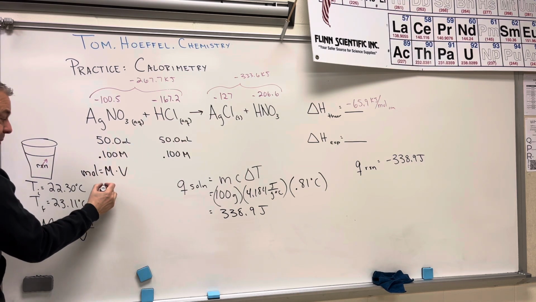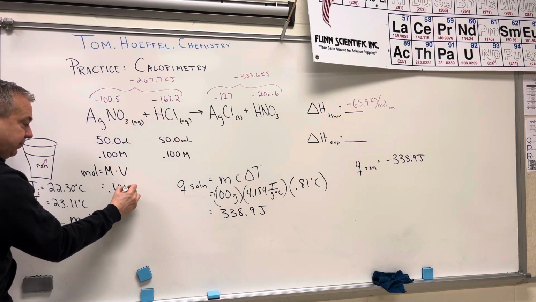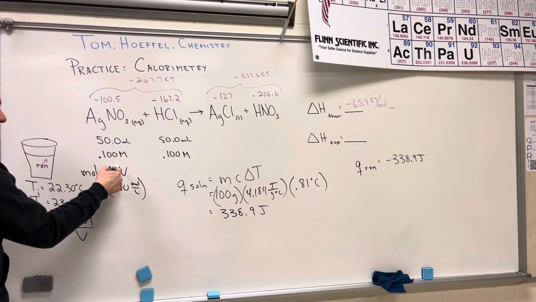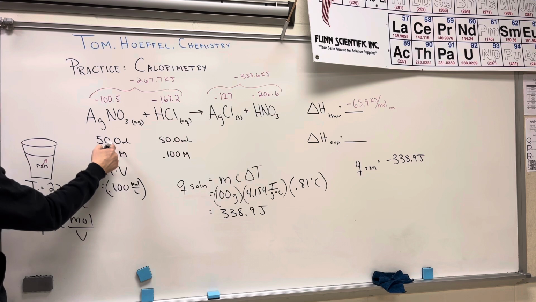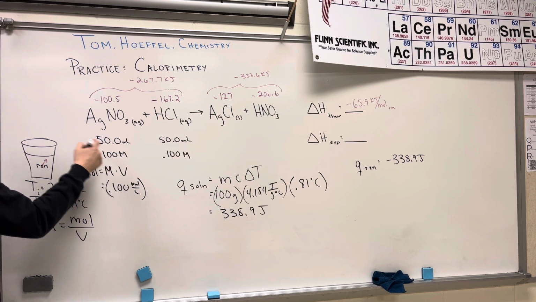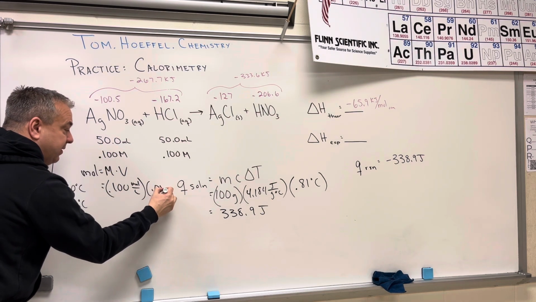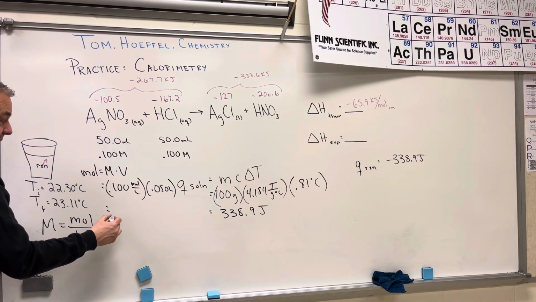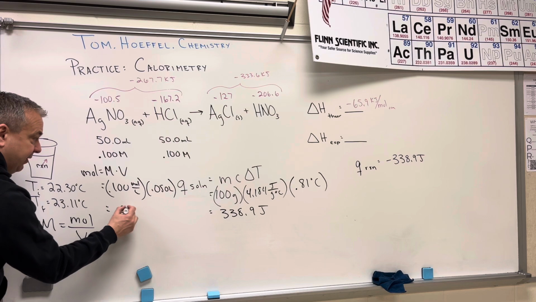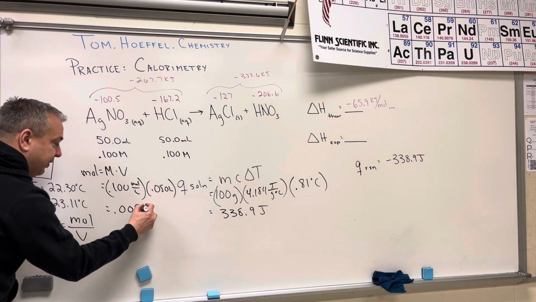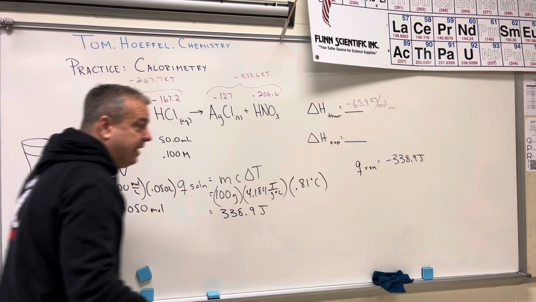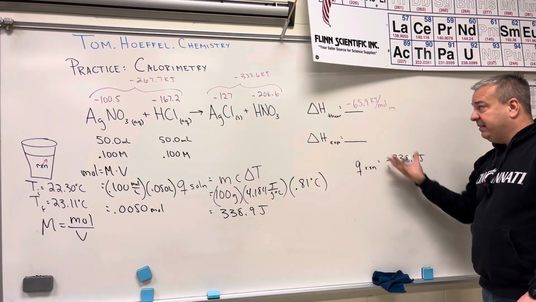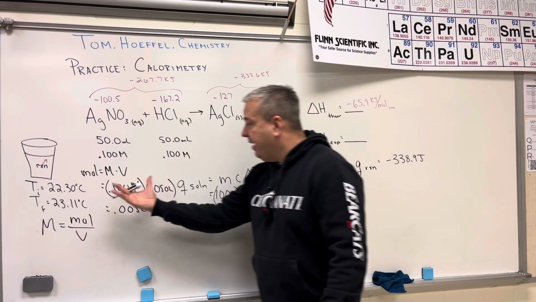The molarity being 0.1 moles per liter, and the volume has to be in liters. So I have to divide by 1,000, so that's going to be 0.05 liters, and if I work this out, that's going to end up being 0.0050 moles.